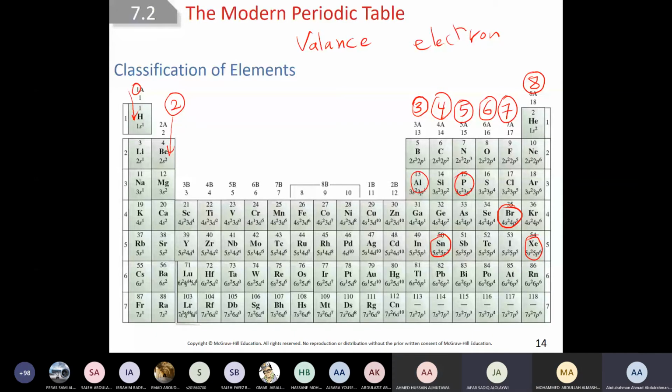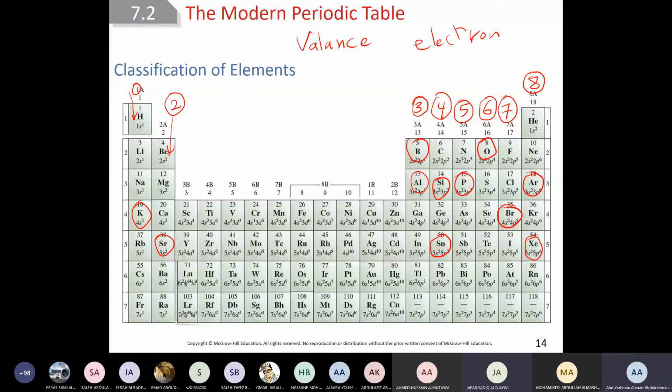What's the valence for Sr? 2. The valence of K? 1. Exactly. And you can tell what's the number. What's the valence of argon? 8. Exactly. Oxygen? 6. Silicon? 4. Boron?